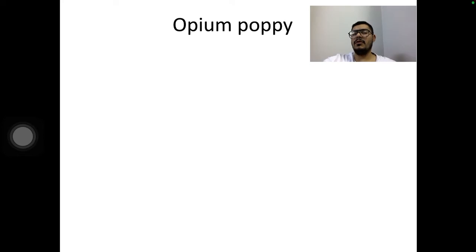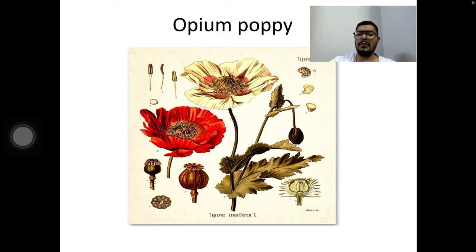So the name of this plant is called Opium Poppy. As shown in the presentation, especially in the picture that shows the parts of this plant, from the leaf, trunk, and flower, the important part of this plant lies in the lower corner on the left.